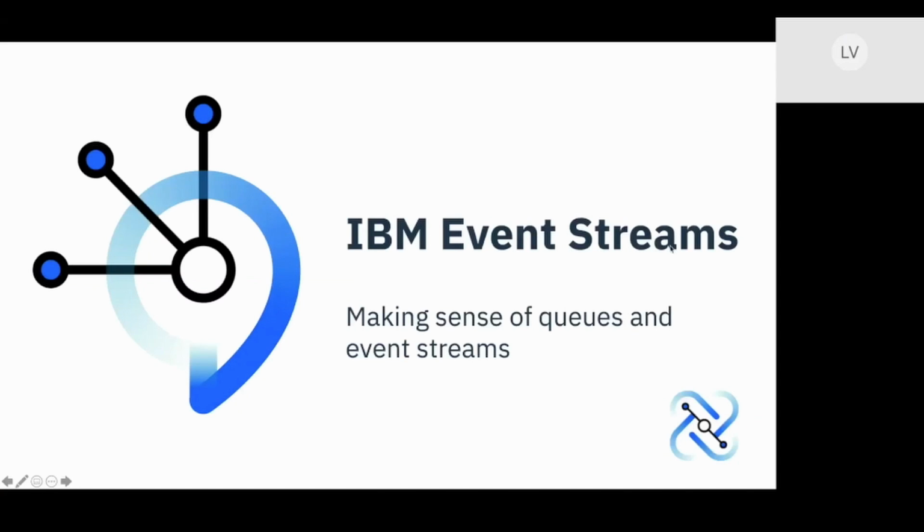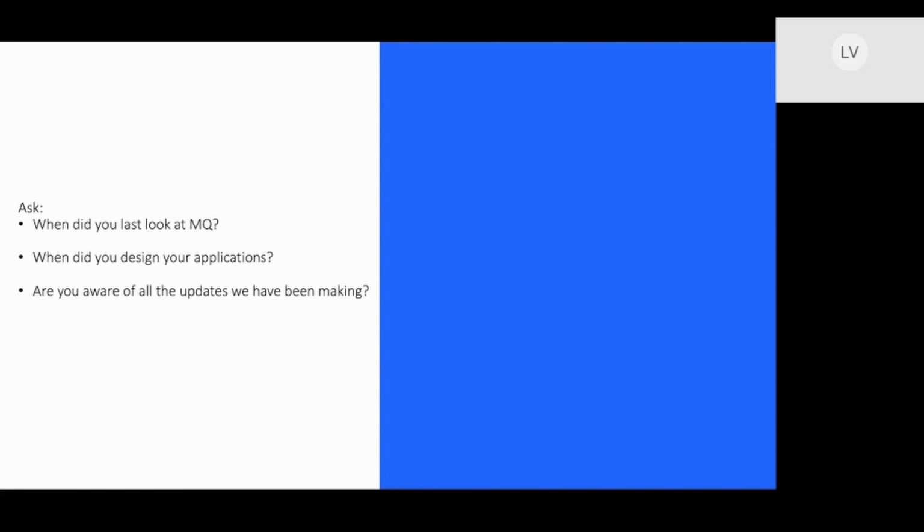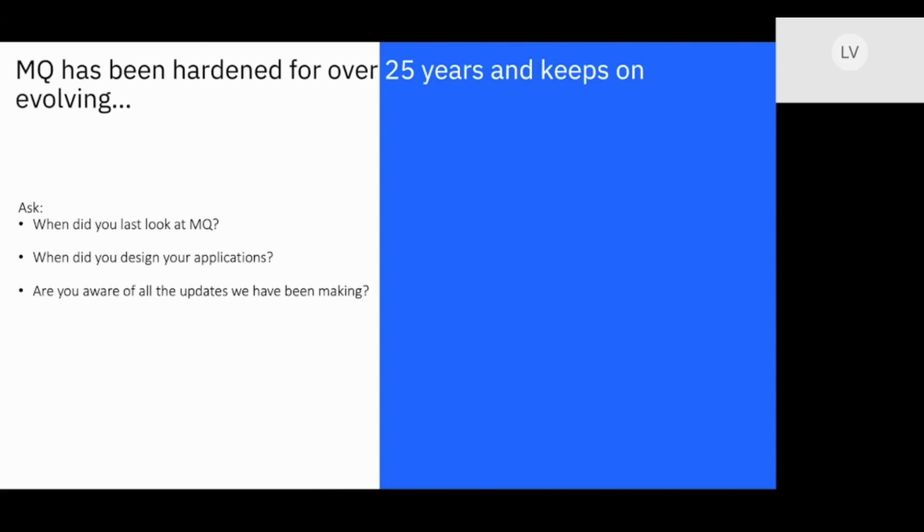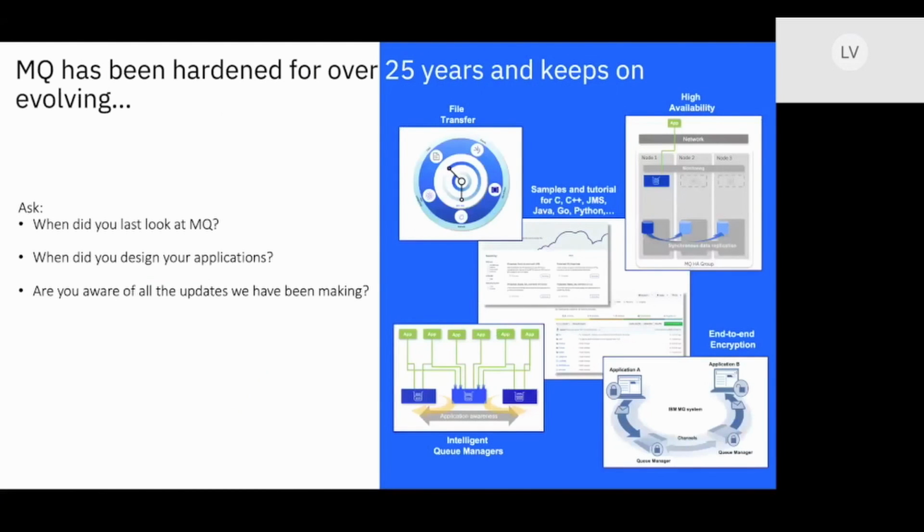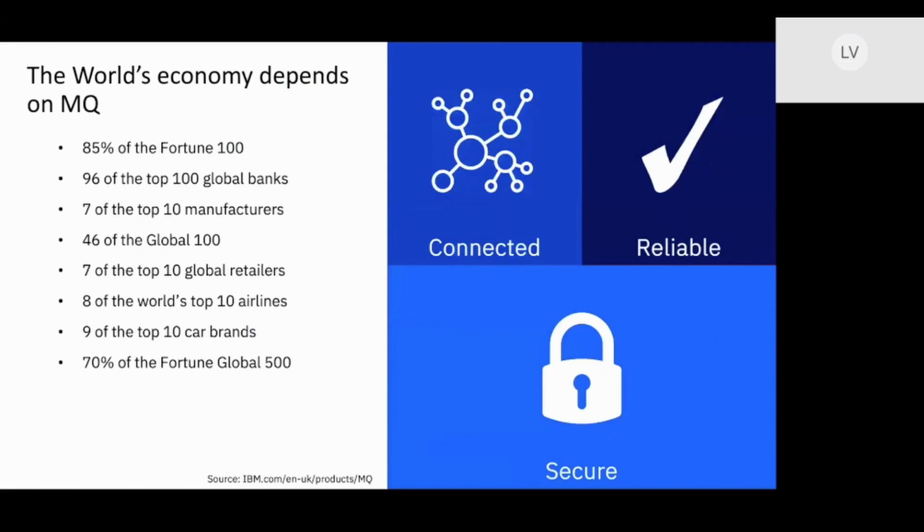So let me tell you why I want you to talk about MQ, because MQ is a well-known IBM product. This is a 25 years old product used by most of our clients across the world. If I want to give you some metrics, that's what is interesting to know.